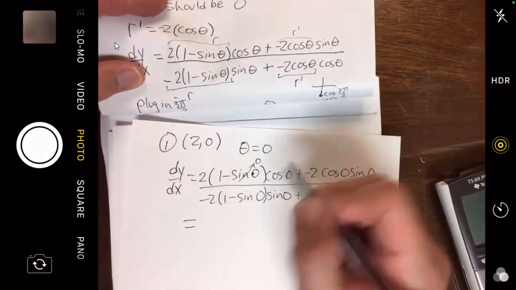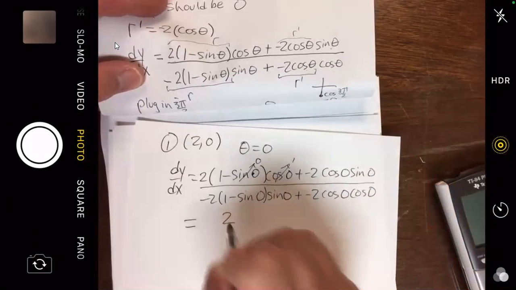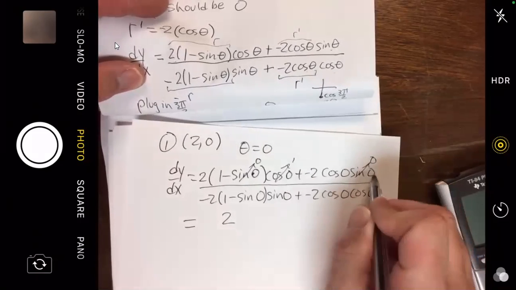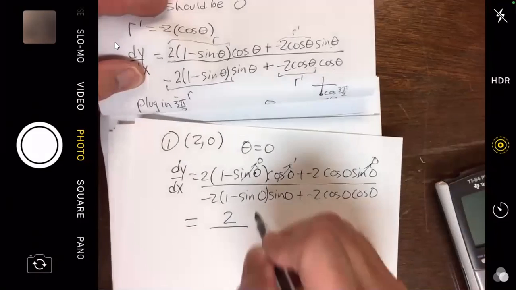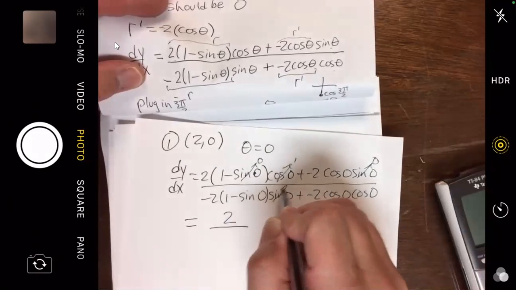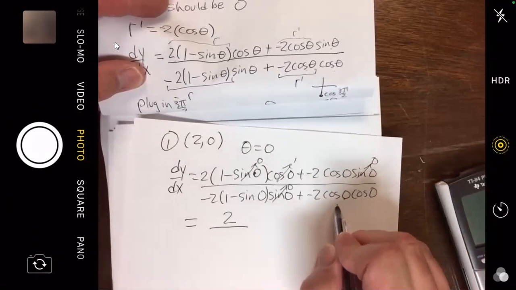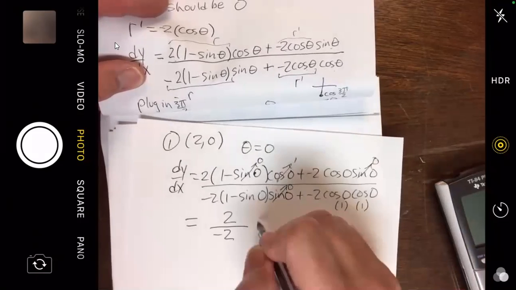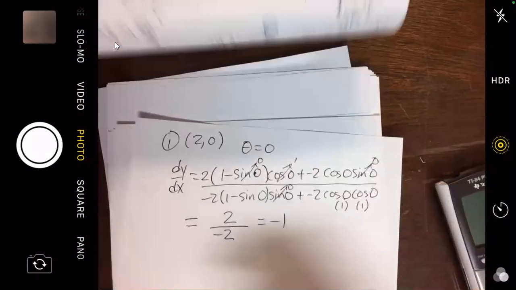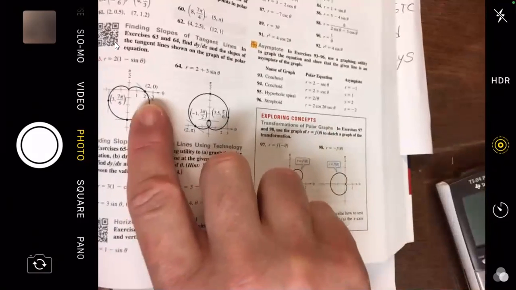Sine 0 is 0. I wind up with 2, since cosine 0 is 1. Sine 0 being 0 kills this whole thing on the bottom, and I wind up with cosine 0, which is 1. I get a negative 2 over 2, which works out to negative 1, which I guess makes sense. Look at the picture. Apparently that slope is negative 1.